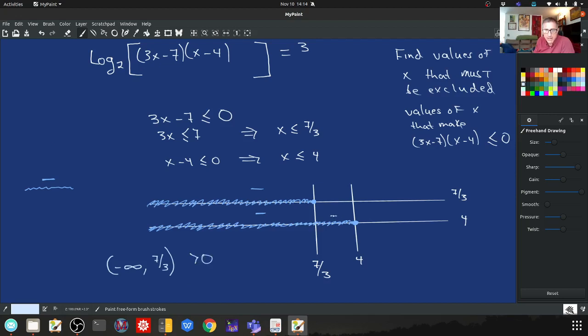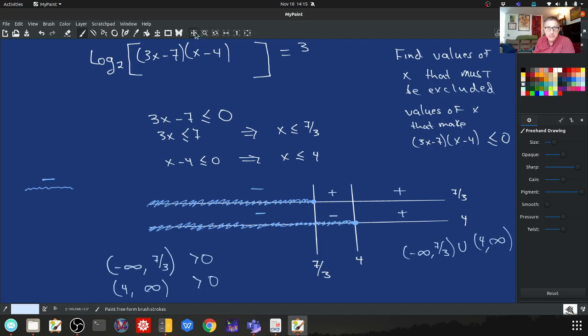Now between 7/3 and 4, I have a minus and a plus, so when I multiply them together I'm going to get a negative. That's not going to work. But from 4 on, they're both going to be plus. So starting at 4 and going to infinity, the product of the two factors is also positive. So acceptable answers are minus infinity to 7/3, or 4 to infinity.